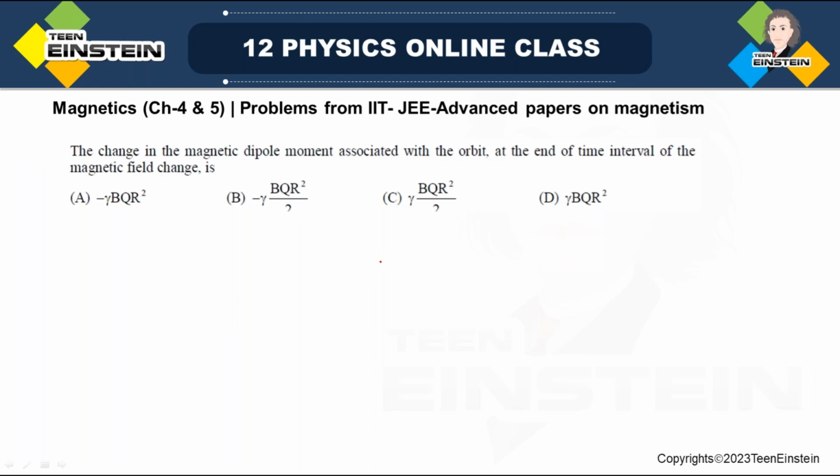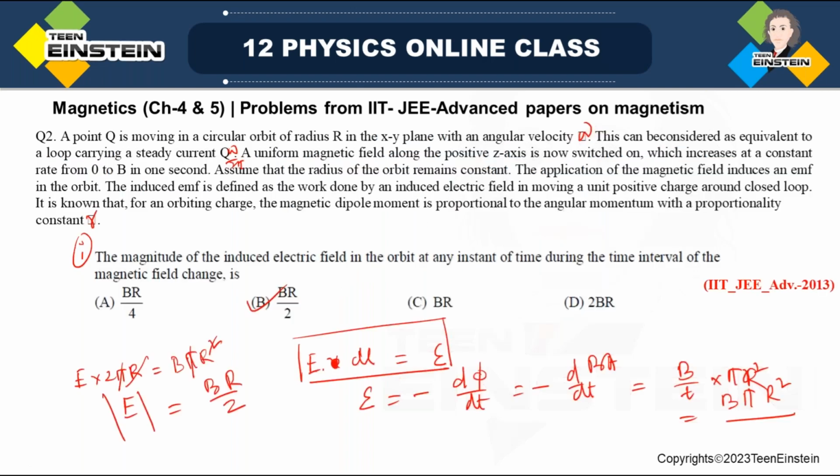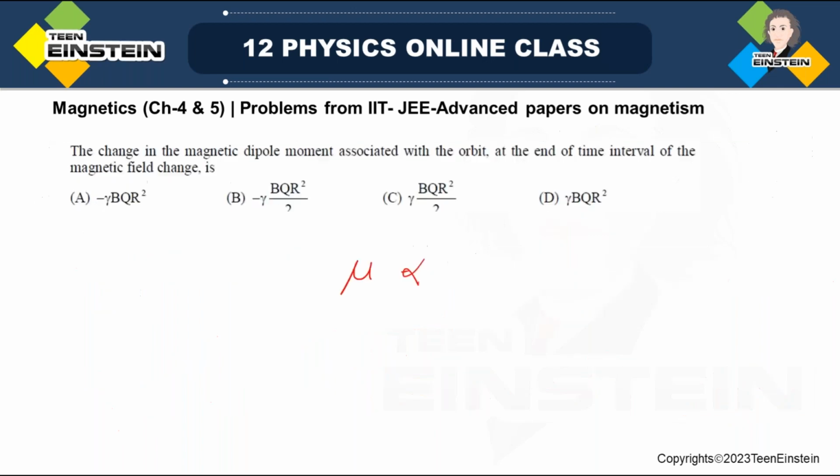Magnetic moment, sorry. See what is given: the magnetic dipole moment is proportional to the angular momentum, with the proportionality constant gamma.